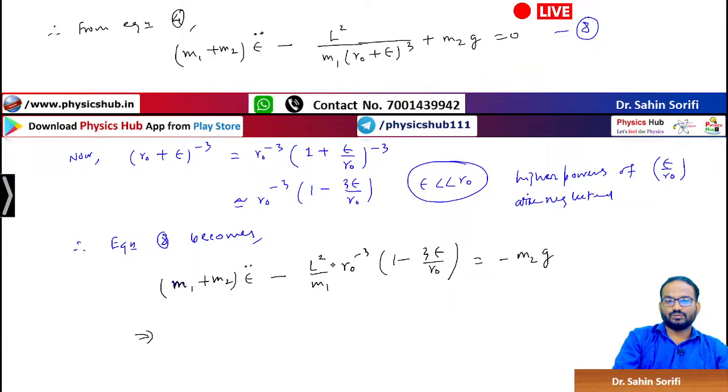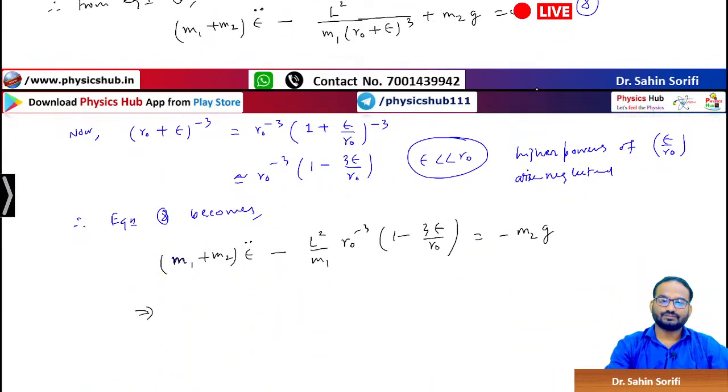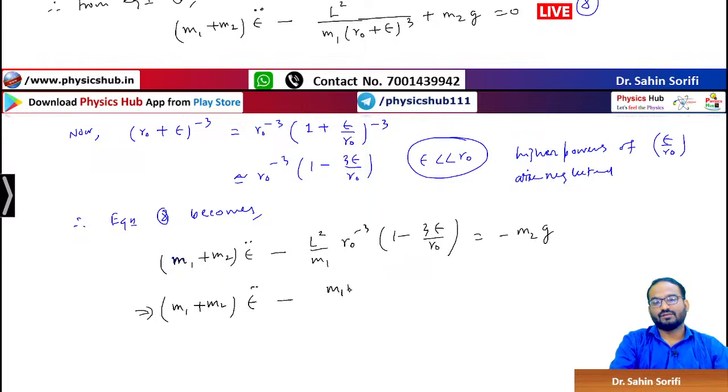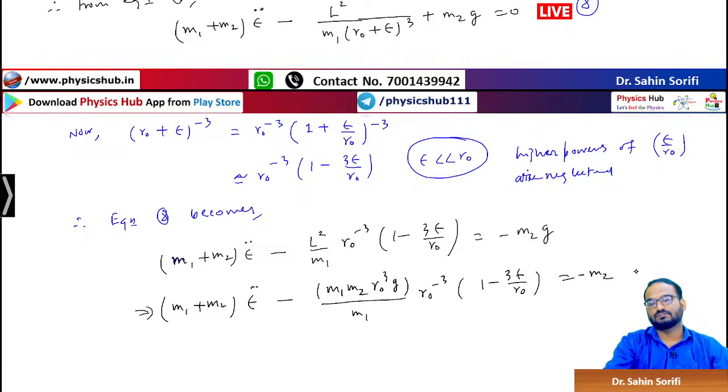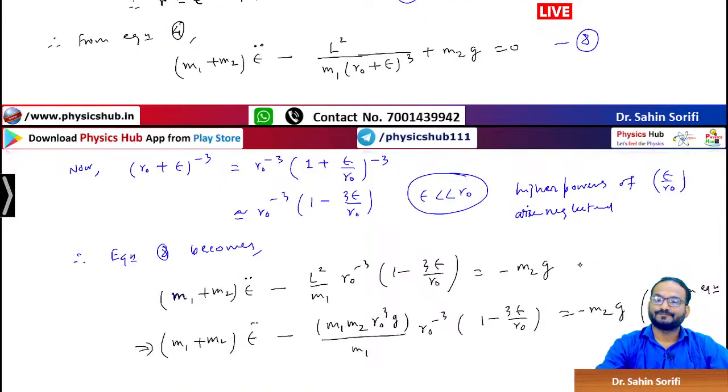Now we can put the value of L square. We have got the value of L square here, M1 M2 R naught cube G. So R naught to the power minus 1. Equation 5.